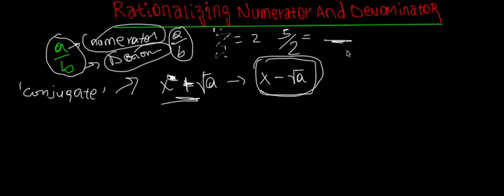The example would be 2x over the square root of x minus 2. How are you going to calculate this in its simplest form?